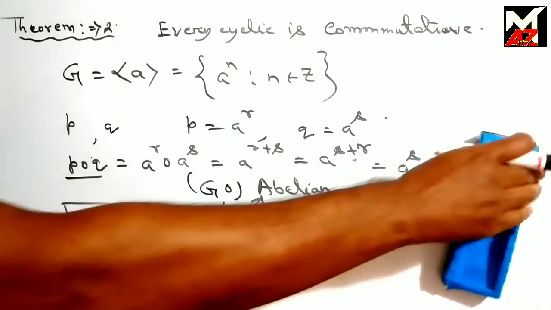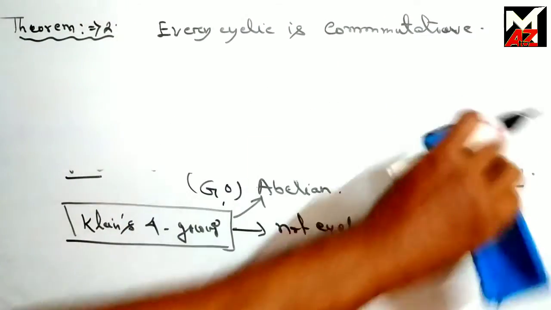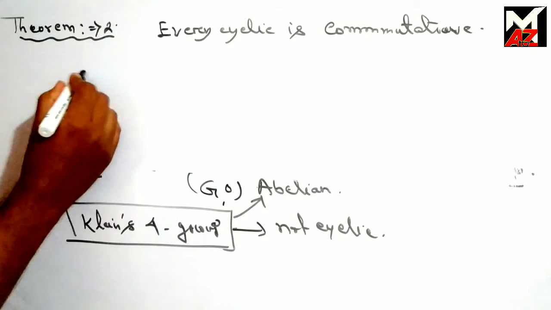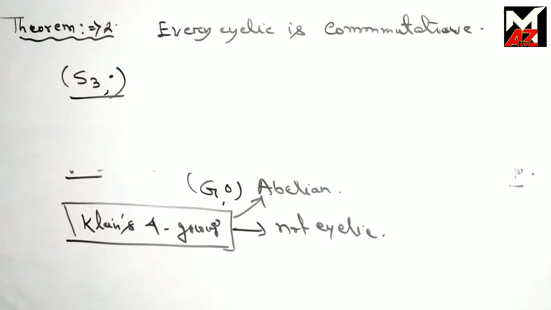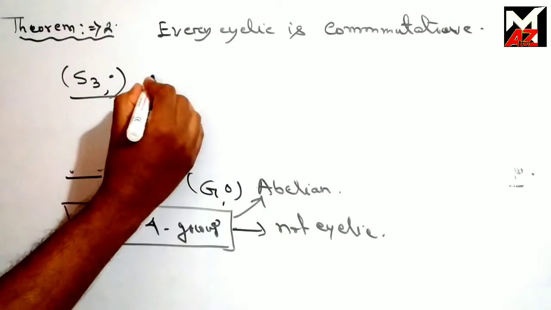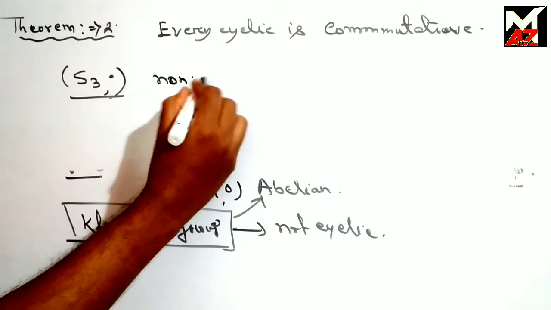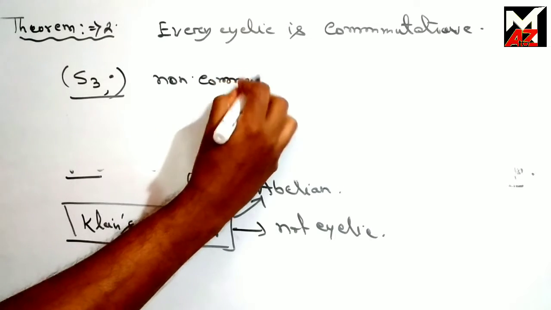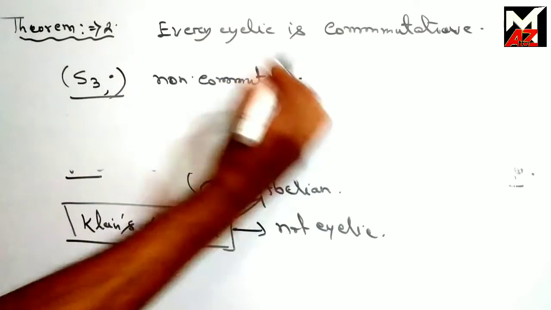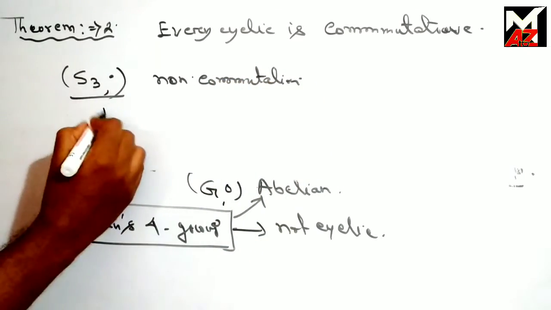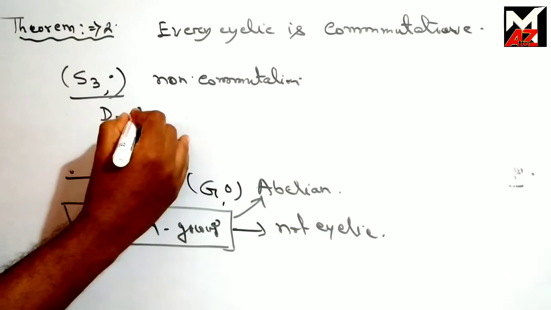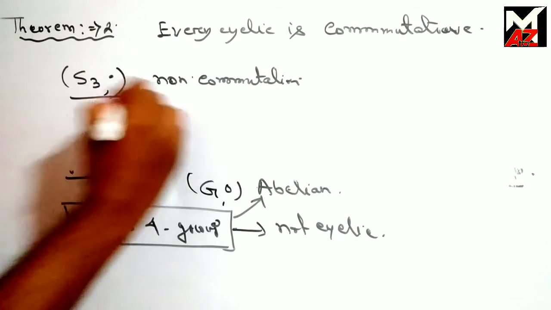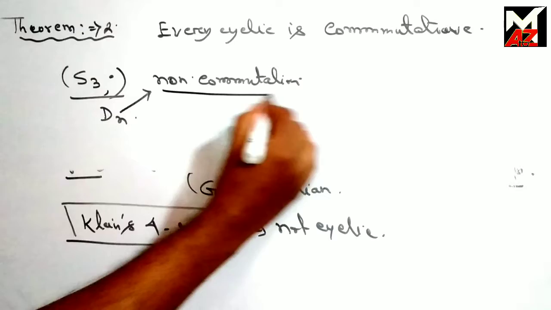If we take the group S3, that is the permutation group of 3 symbols, we know that S3 is non-commutative. Also, if we take the dihedral group Dn, these are also non-commutative groups.